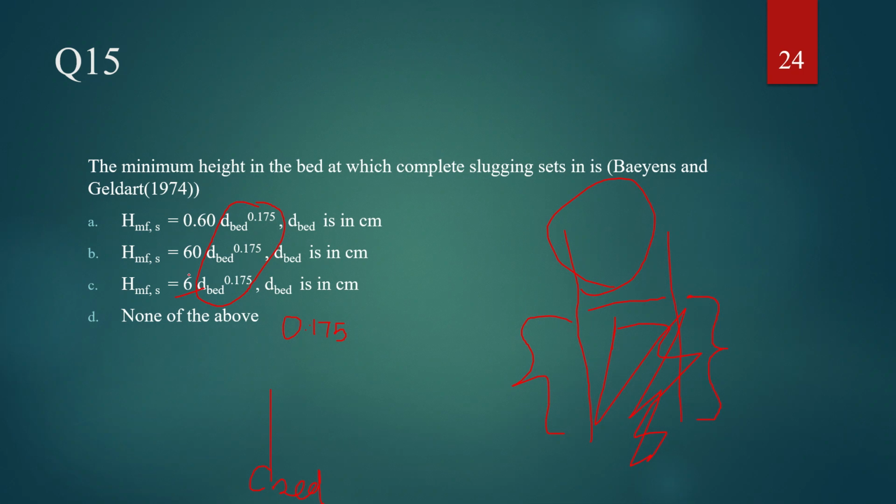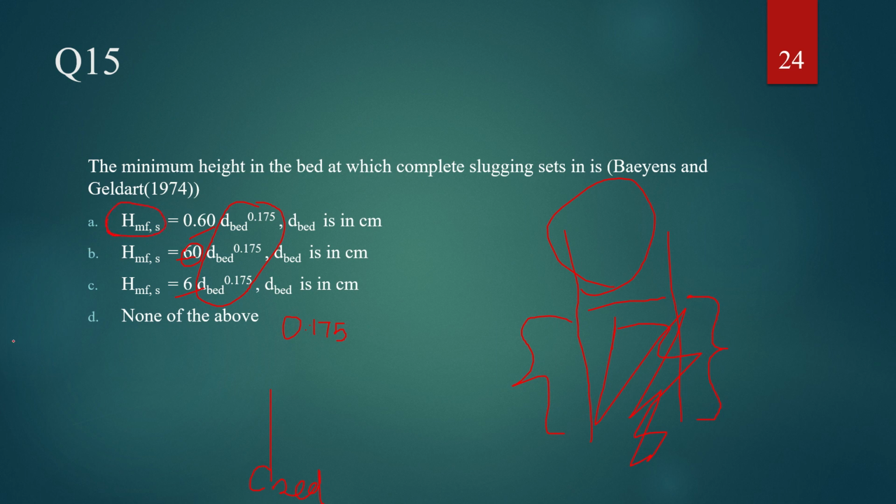The right answer is 60, not 0.6. In their paper they studied the effect of particle size and size distribution on slugging and found it was not influencing the slugging behavior, but the bed height should be more than this.